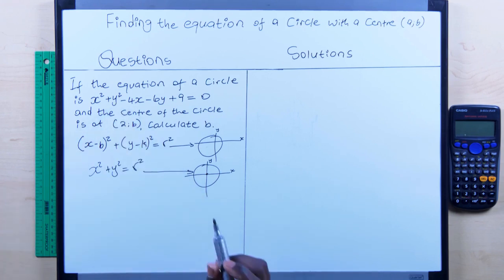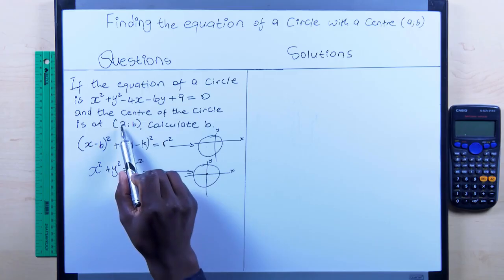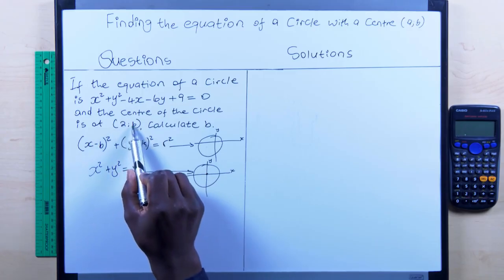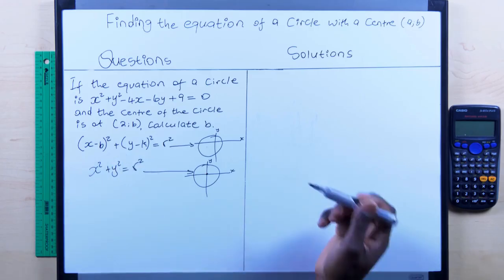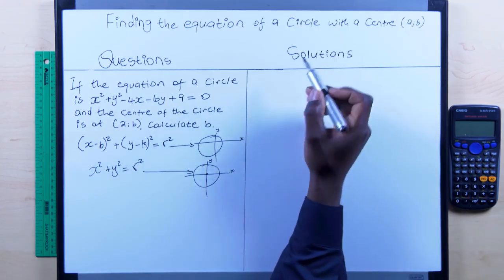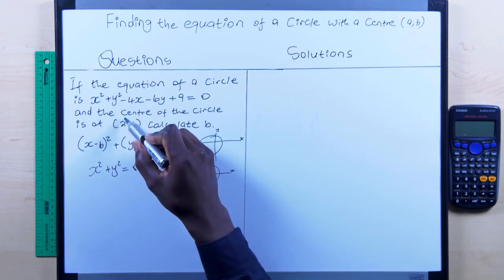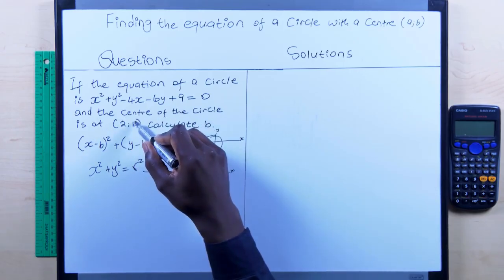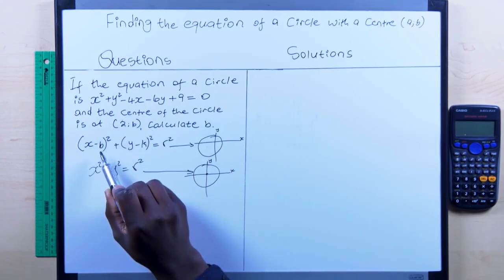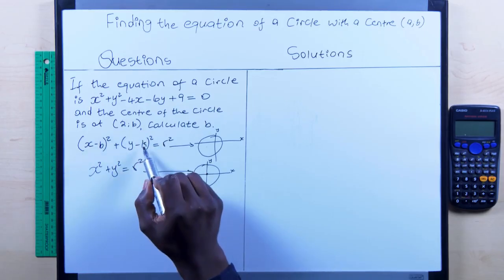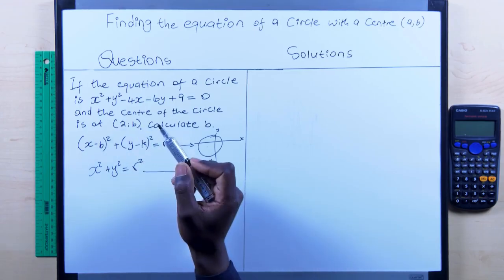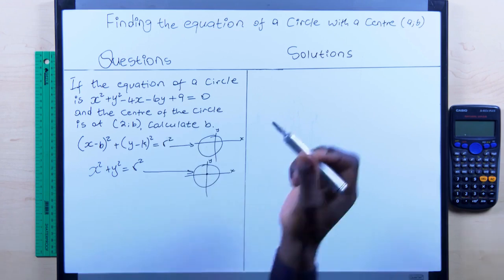What does it mean? It means that you must look at the given center, and then you substitute accordingly here. You can see that this is the x value, this is the y value. With the x value, this 2 must come here, and then the b must sit here with a k. But you can just leave the k, because the b is already the unknown, which k is also.